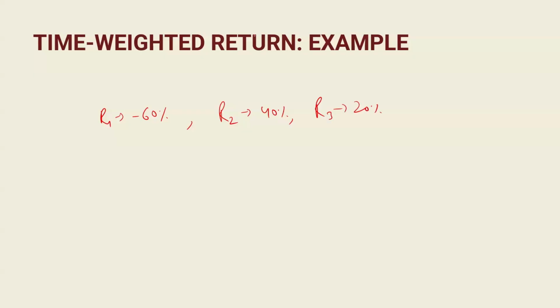So just calculate the geometric mean. That's it. That's your time weighted return. Finished. So what's the answer? Just calculate the geometric mean return: 1 plus negative 0.6, times 1 plus 0.4, times 1 plus 0.2, raised to the power of 1 over 3, minus 1.